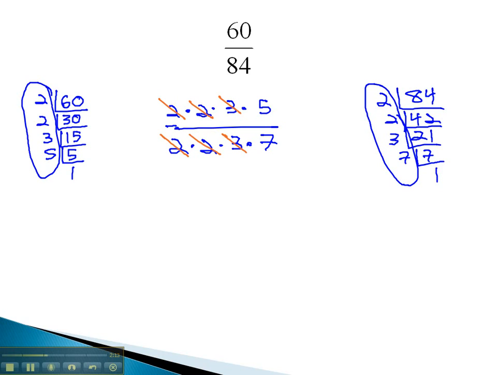It's very important we're always grabbing one from the top, one from the bottom, one from the numerator, one from the denominator. No more common factors. We'll multiply what's left. All that's left is this 5 and 7, so this fraction has reduced to 5/7. It is completely reduced when there are no more common factors that can be divided out.